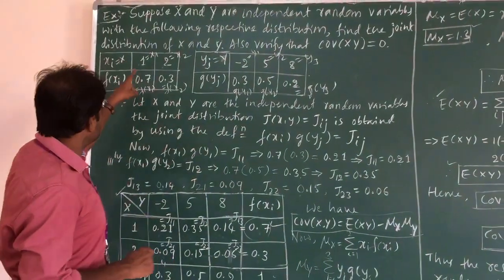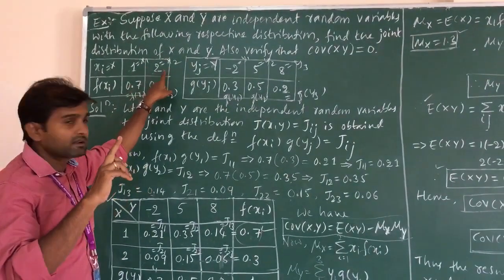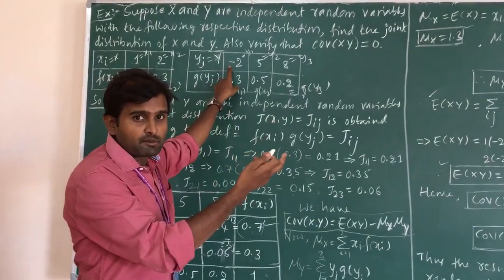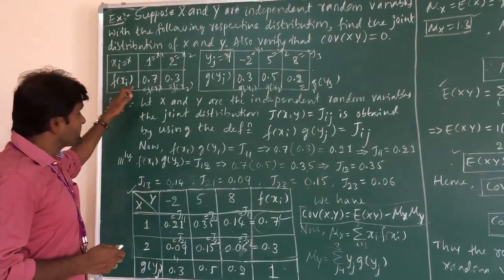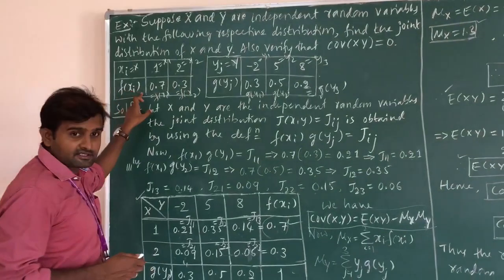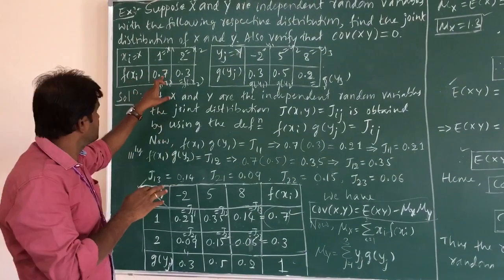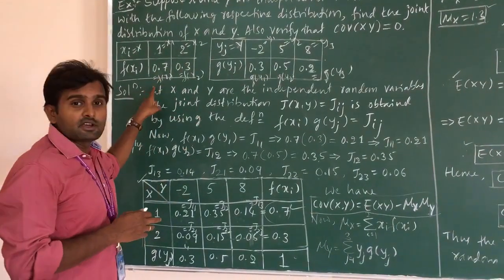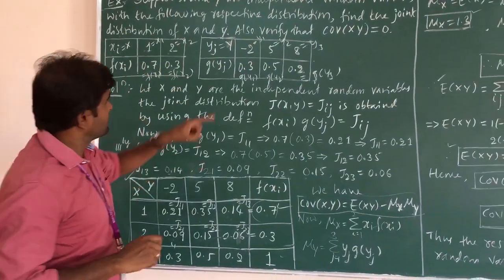So x has first value x1, second value x2. Similarly, y has y1, y2, y3, right? These are the respective marginal distributions. F of xi gives the two marginal probabilities: f of x1 is 0.7, f of x2 is 0.3.